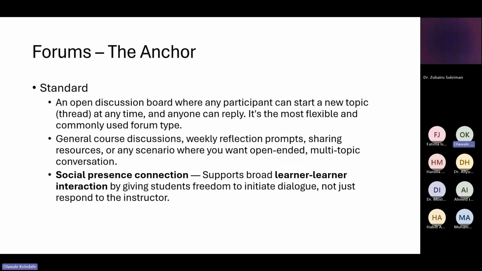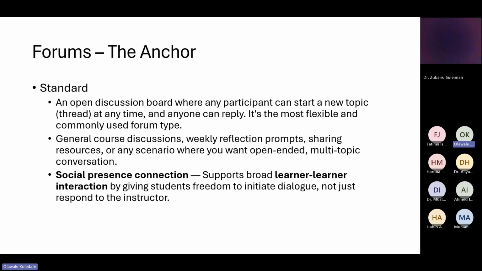We can do things like general discussion, weekly reflections, sharing resources, and any other scenario where you want open-ended multi-topic conversation, and those topics can be created by the participants, by the students. What is the implication of this?